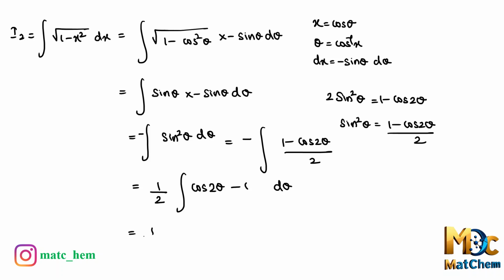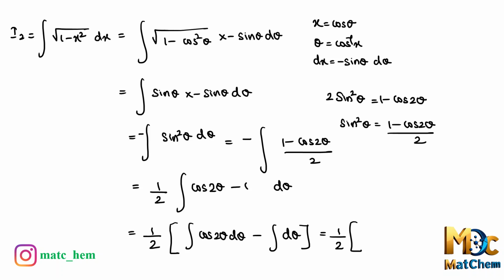So you can separate it. It will become 1 by 2 into the integral of cos 2 theta d theta minus d theta. That is equal to 1 by 2 into the integral of cos 2 theta, which is sin 2 theta divided by 2, minus theta.